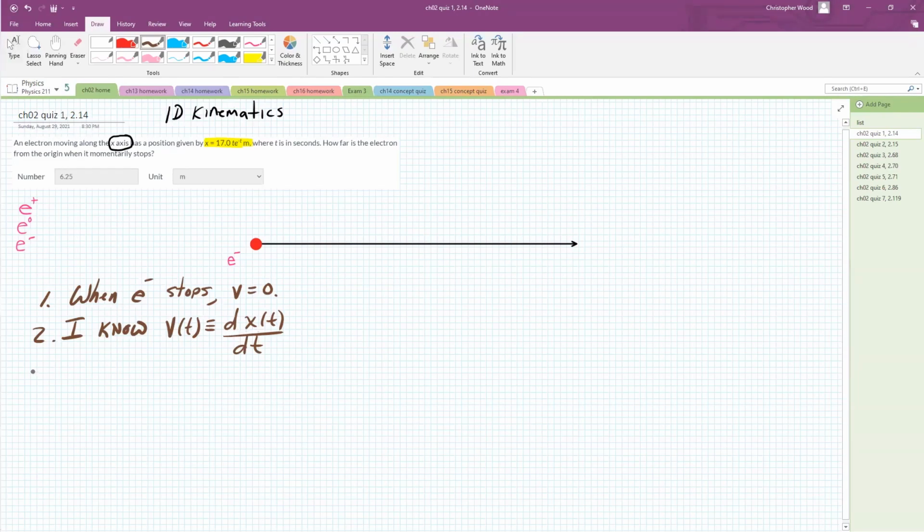My next step will be, I'll write it here, equals, what is the time derivative of my x function, of my position function? Here's my position function, 17t e to the minus t.